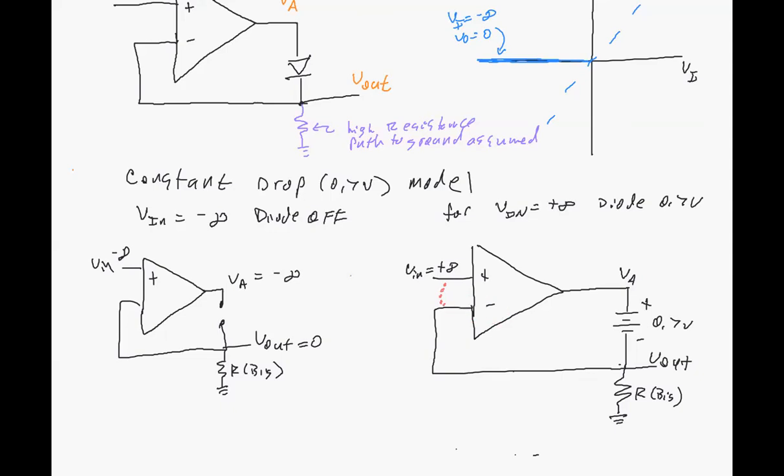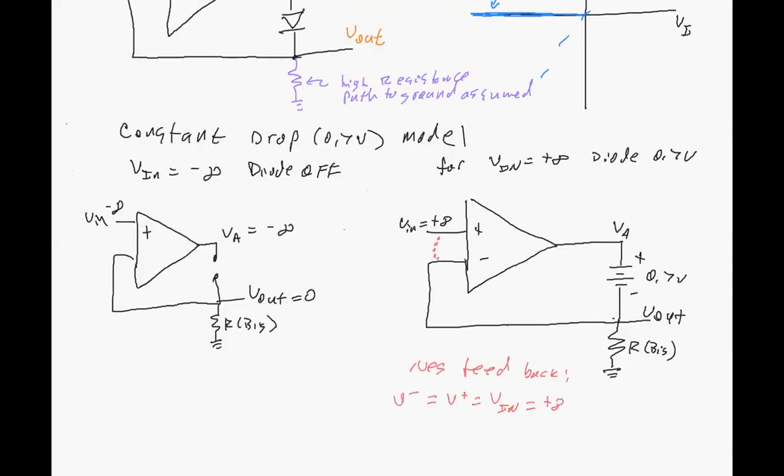That's what the negative feedback will do. It will make V minus, that inverting pin, equal to V plus, which is equal to Vin, which in this case is plus infinity. It will force this inverting pin to exactly follow the non-inverting pin's input.